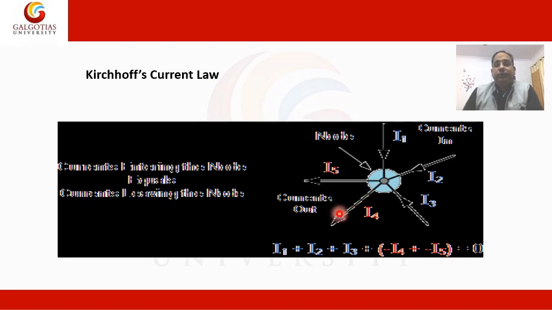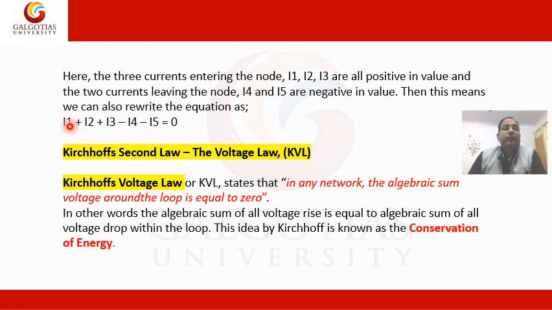So according to the law, we write I1 plus I2 plus I3, taken as positive because they are incoming towards the node, and minus I4 minus I5, taken as negative because they are leaving the node. Finally, we can write I1 plus I2 plus I3 minus I4 minus I5 equals 0. This is called the first law, that is KCL.